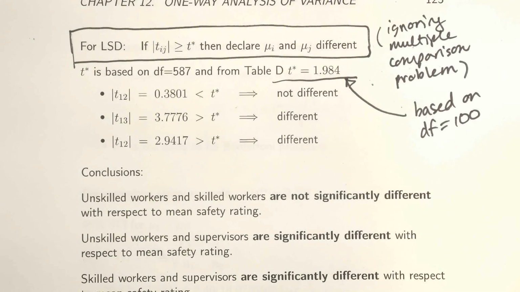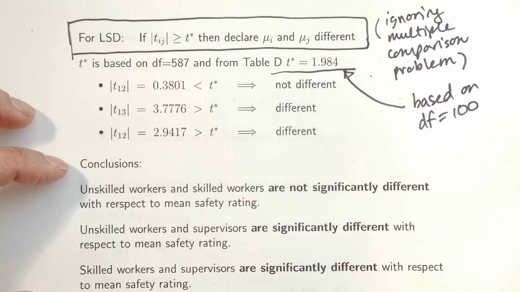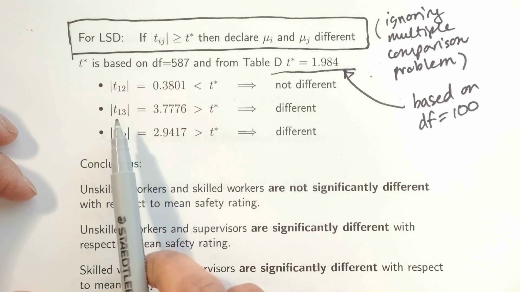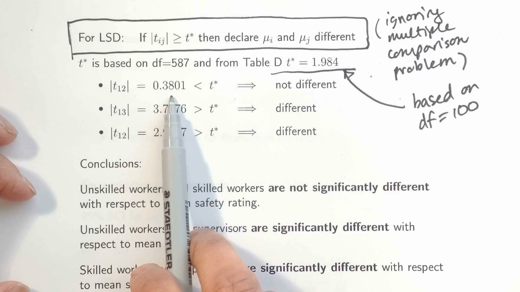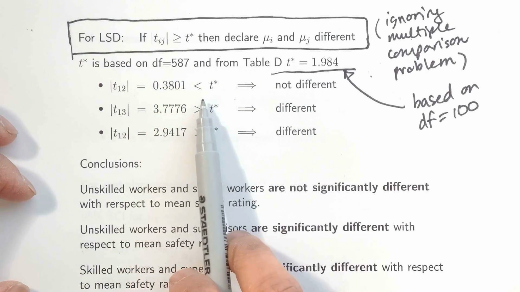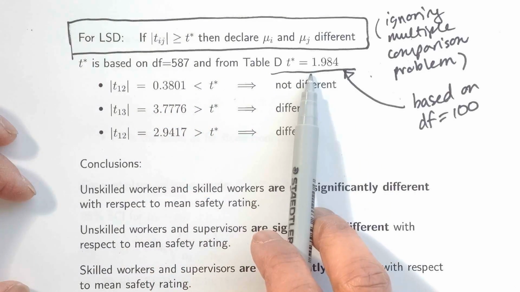It won't be that much different, though, because our degrees of freedom are already so high. From software, you could get a more exact one. And if we do the comparisons, remember this is the absolute value of our test statistic comparing group 1 to group 2. And we see that 0.38 is less than 1.984.